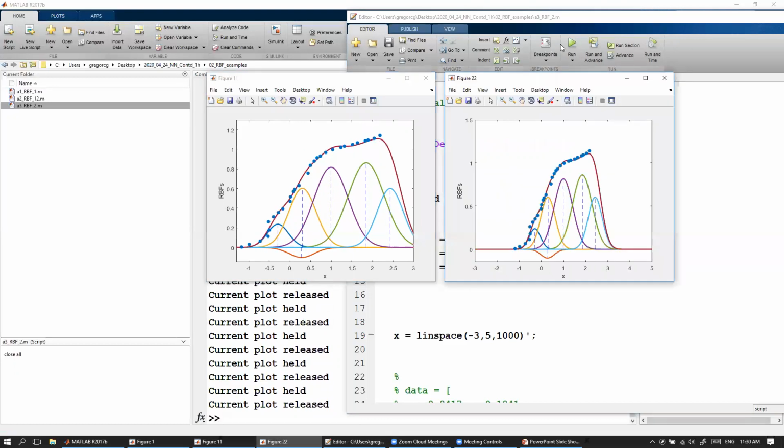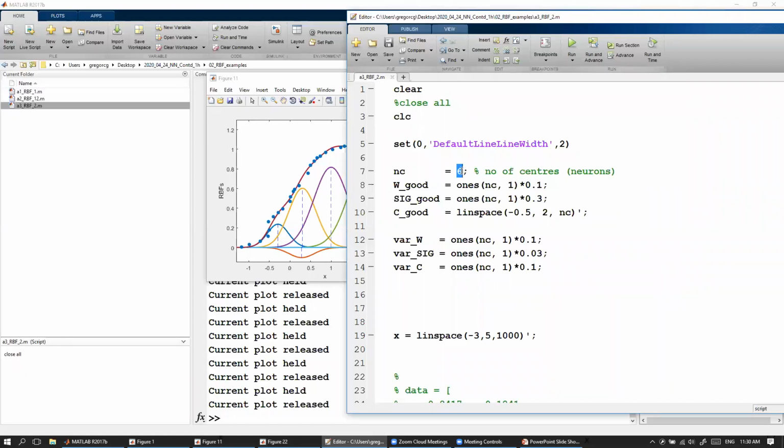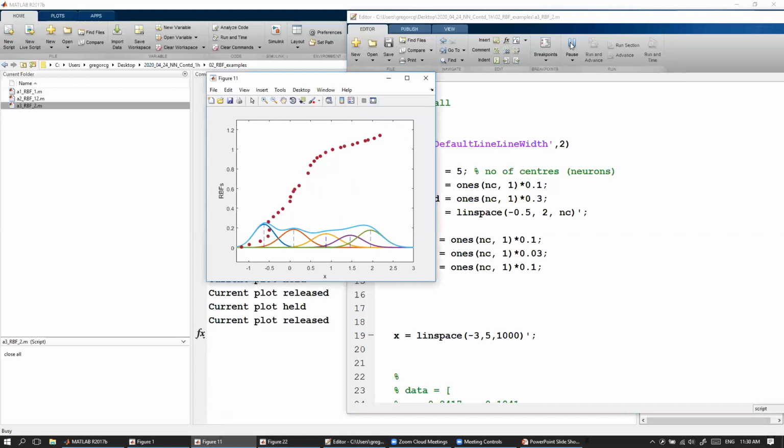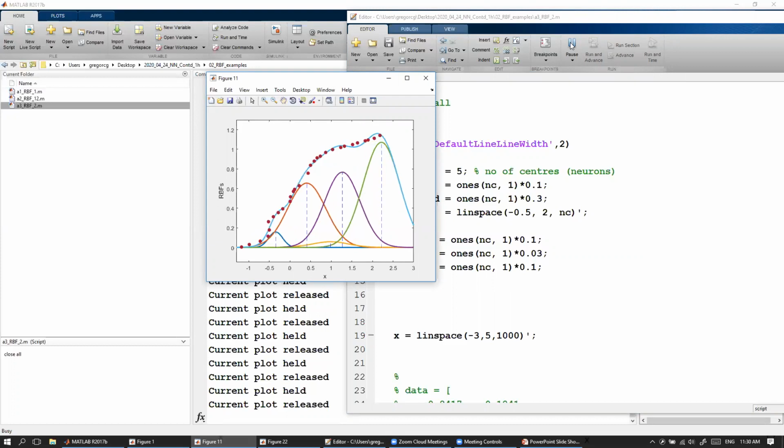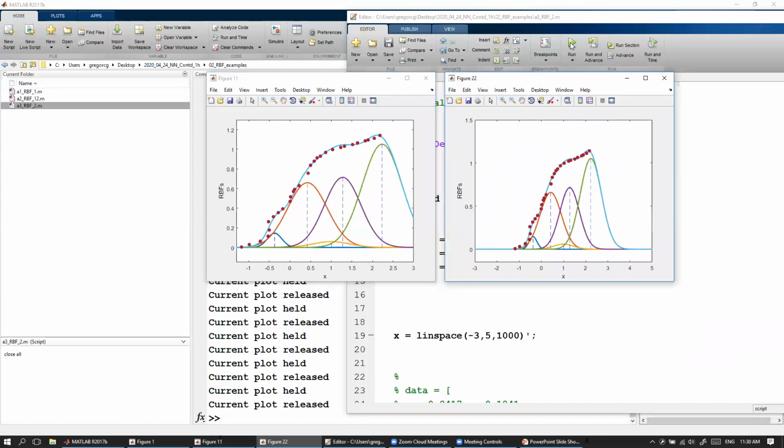So first of all, what we realize here, let's do it again. For example, let's do 5 neurons. What we see is that the optimization takes longer, because it needs to find more parameters.